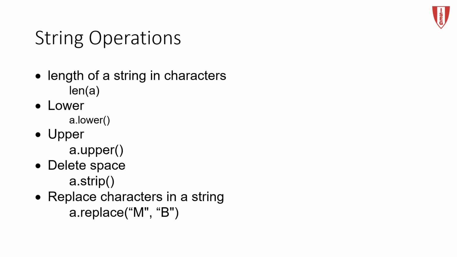The strip method allows us to remove spaces from the beginning and end of the string stored in the variable a. In the example, the method replace allows us to replace all the characters m with characters b found in the string called a.